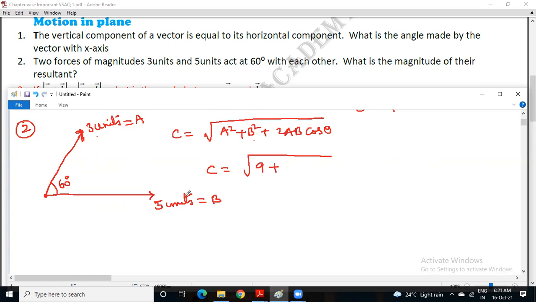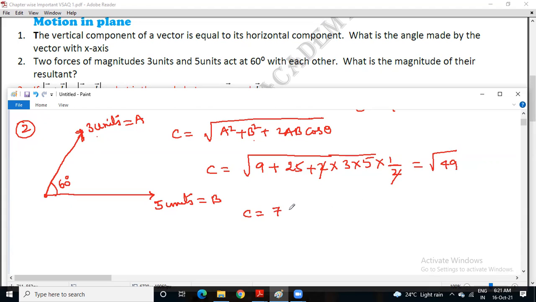B square, 5 square is 25, plus 2 into 3 into 5 into cos 60. Cos 60 is 1 by 2, so 2 and 2 get cancelled. So this is 34, and 34 plus 15 is root 49, which will anyhow be 7.